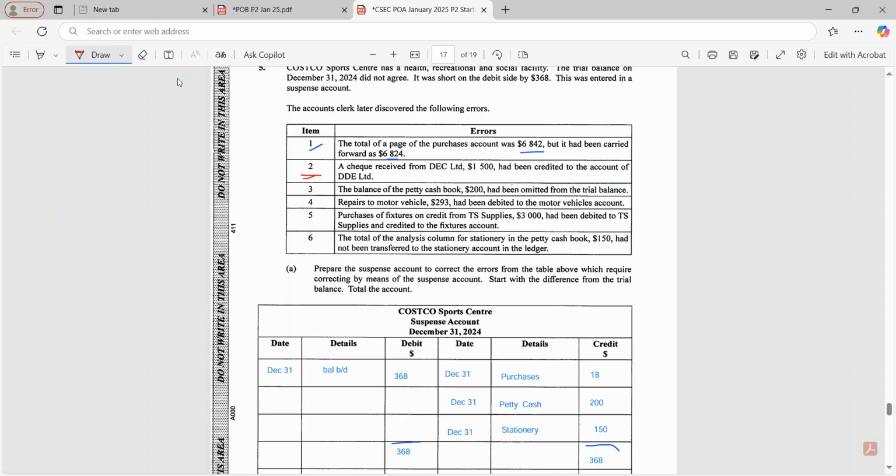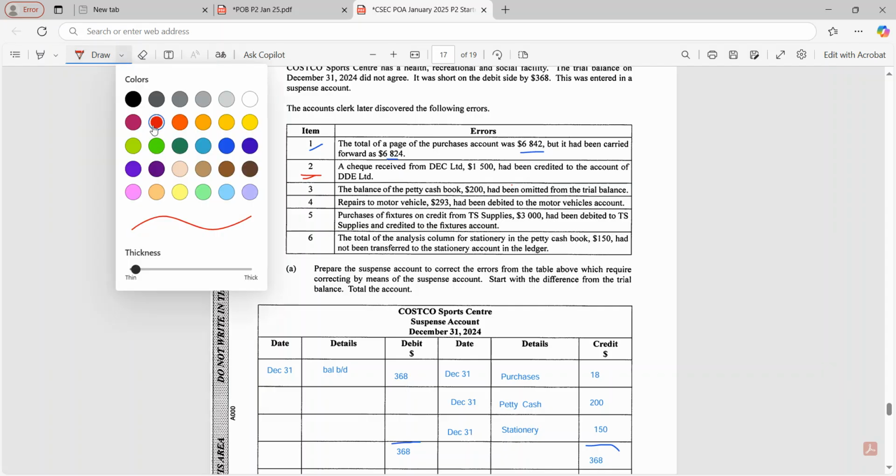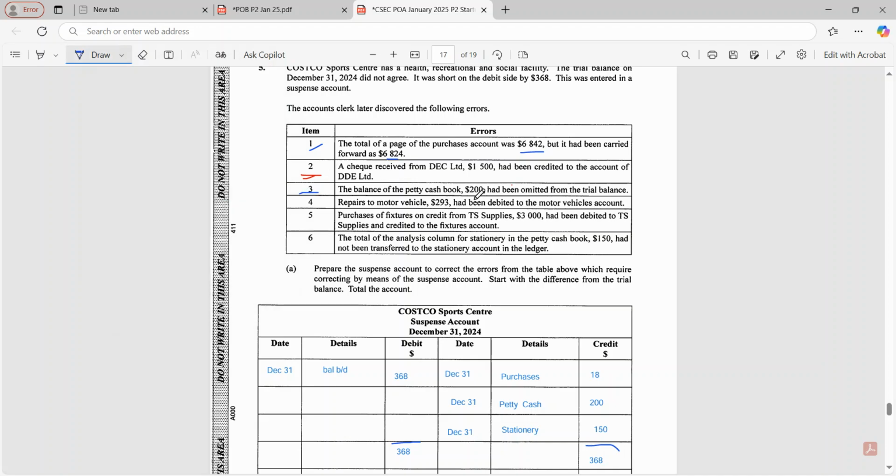So that means that we should have debited petty cash book, but what would we have credited? We don't have an account to credit, so we credit suspense. So December 31st, petty cash, $200. All right, so we find the debit entry in the petty cash book, our account, and we have $200 on the credit side.